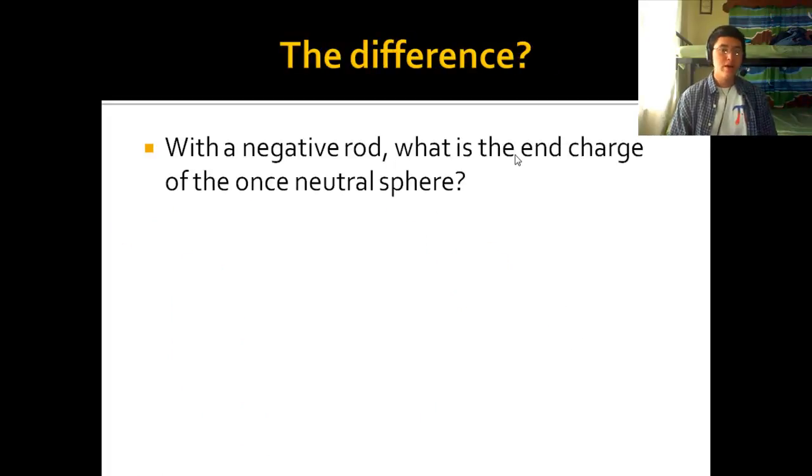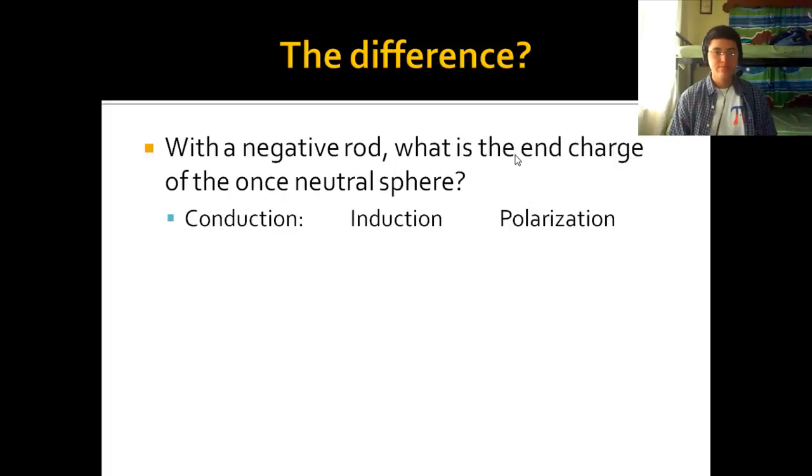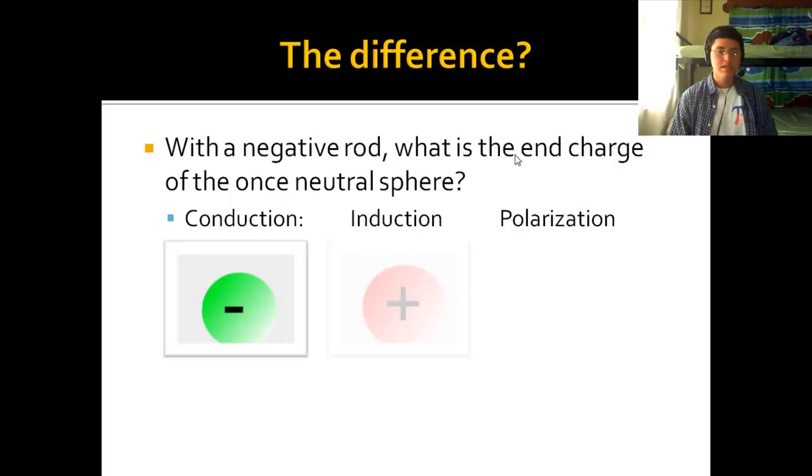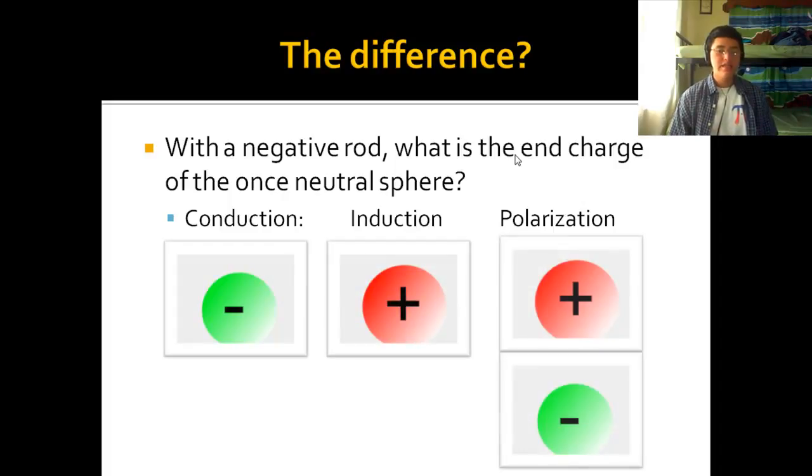Now you ask, what is the difference between all three? Well, with a negative rod, the end charge of the once neutral sphere will be negative in conduction, positive in induction, and the end charge of the sphere will be both positive and negative in polarization.